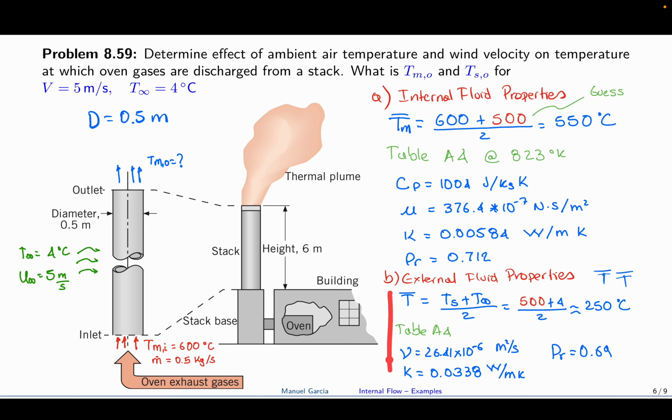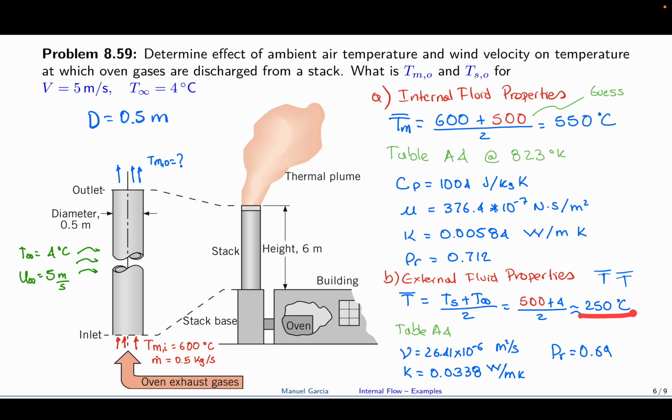We do a similar thing for the external fluid properties. For the external fluid properties, we have the film temperature, which is the temperature at the surface plus T infinity divided by 2. Now, the temperature of the surface we still don't know, but I'm going to put the same value of 500, assuming that this is metallic, so we are going to have values in between 600 and the temperature at the exit.